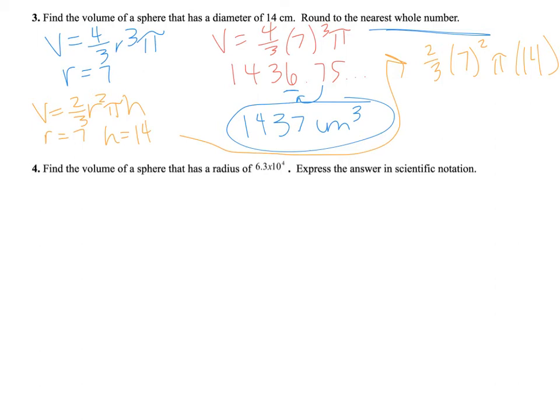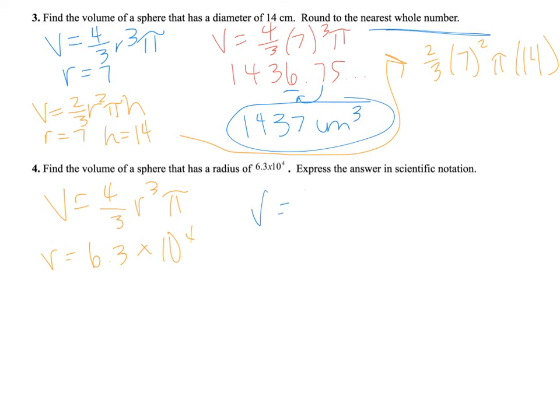And number 4, the volume of a sphere. So same thing, but this one's a little bit easier to do if you use the first volume formula, 4/3 radius cubed times pi, and our radius is 6.3 times 10 to the 4th power.